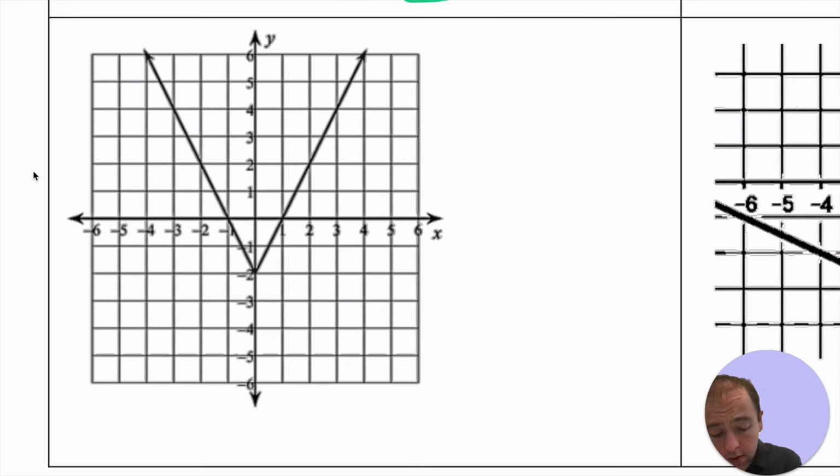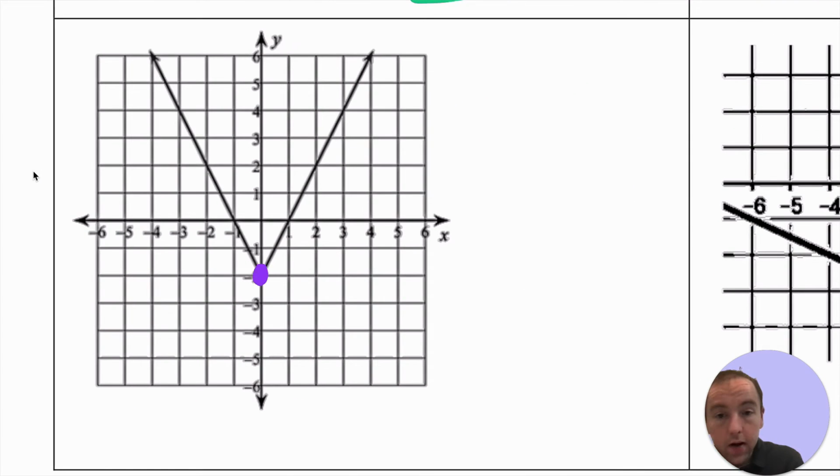For this third example, you'll notice that the vertex is just a shift down 2 units from the origin. So we'll expect right here that we'll just have the absolute value of x, because there is no horizontal shift. We're not moving left or right. Because it did move down, though, outside of that absolute value, we're going to have a subtraction of the value of 2.